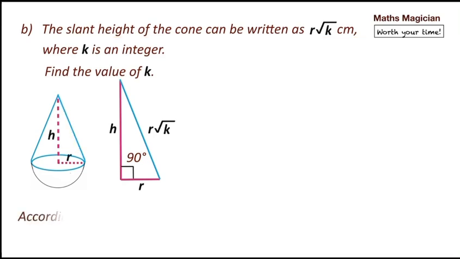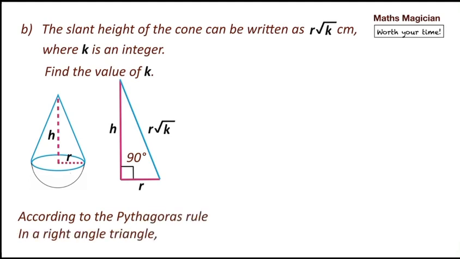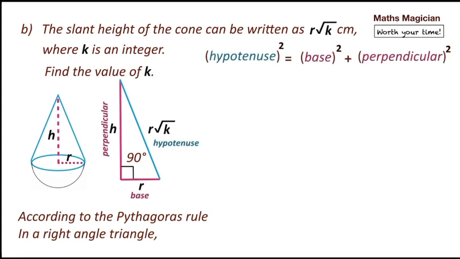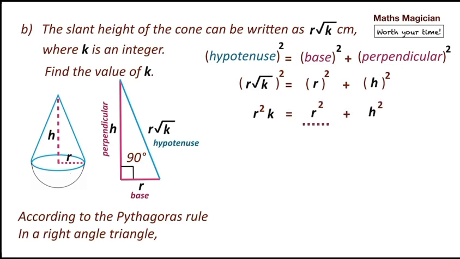According to Pythagoras rule, in a right angle triangle, hypotenuse square is equal to base square plus perpendicular square. Now we put values and solve it. We take r squared to the other side of the equal sign.